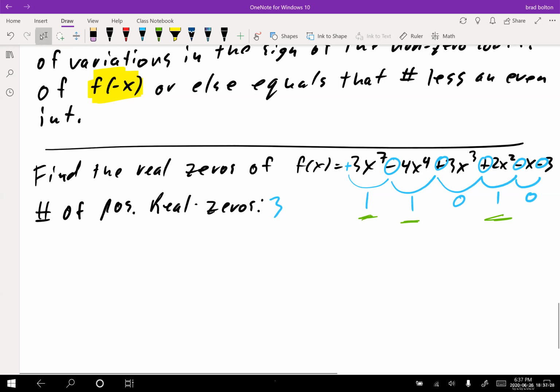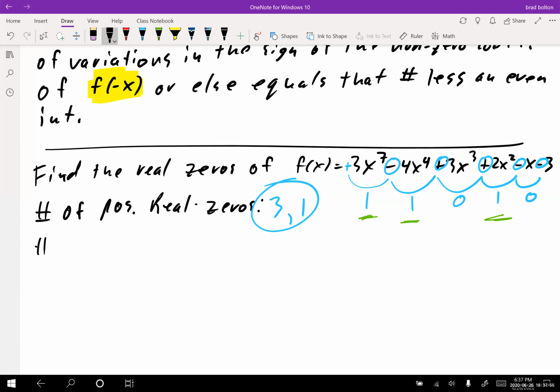So what would be 3 minus an even number? It could be 3 minus 2, which is 1. We can't go further because we can't have negative 1 real zeros. And remember, this is a quantity. It's not saying what the zeros are. It's not saying the zero is 3 and the zero is 1. What it's saying is how many positive reals there are. There's either 3 or there's 1, because I can subtract an even number from 3.